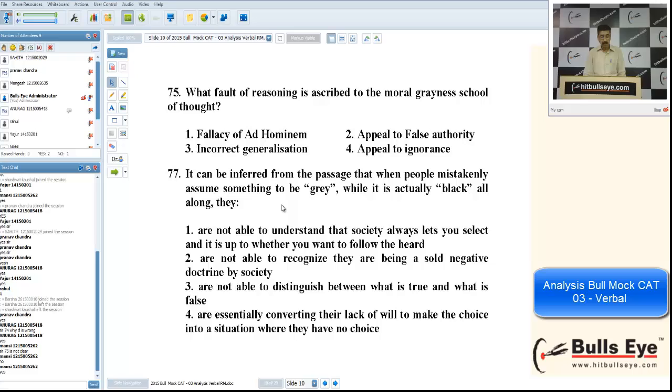What was the answer to this question? If you are tempted, guys, press. As per the passage, it can be inferred that when people wrongly assume things to be grey, while actually it is black all along, what do they mean?